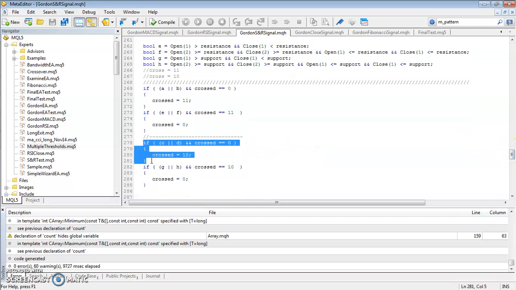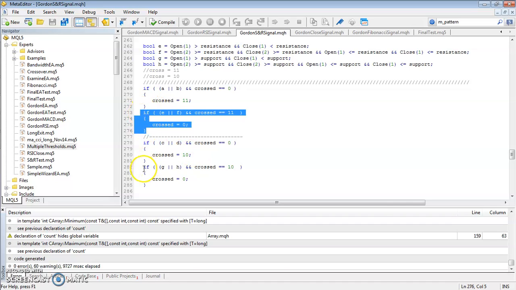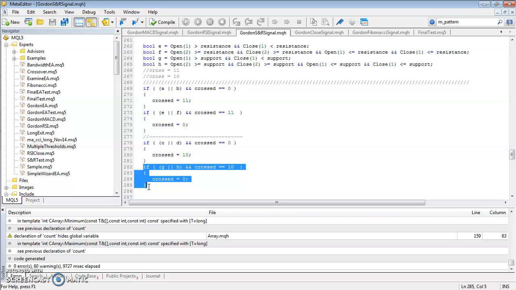If the trend crosses the support line from below up, then it will make this variable into a 10, indicating that it has crossed.